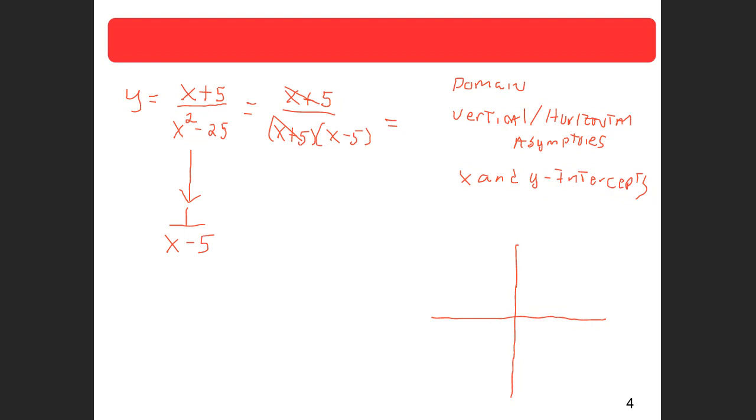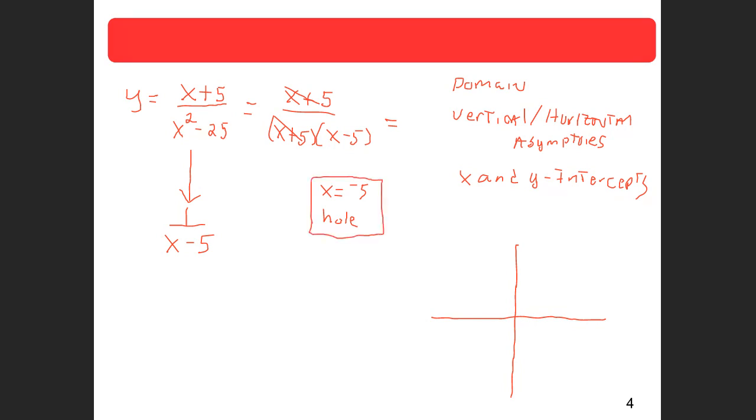Because x plus 5 crosses off on top and bottom, something special happens on the graph when x equals -5. Why -5? Because that's what makes x plus 5 equal to 0. At x equals -5, there's a hole in the graph. We don't even talk about that this week, I don't think.